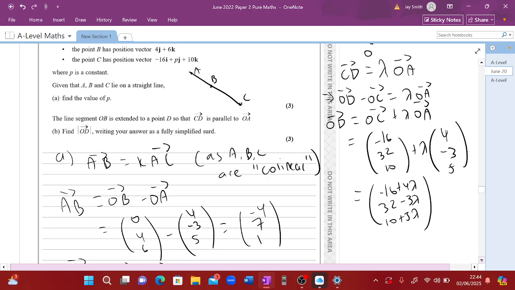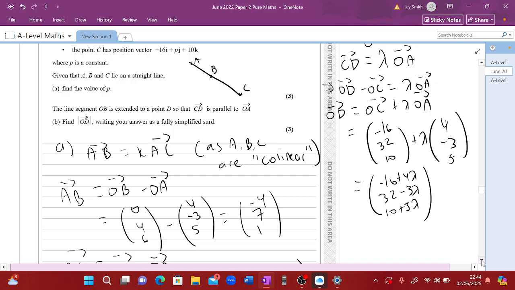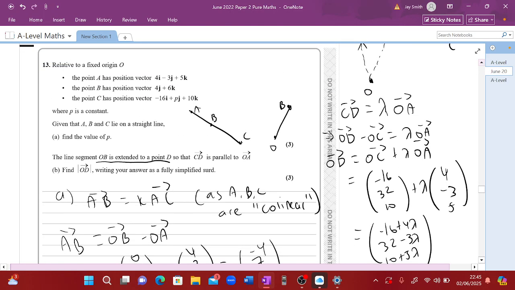Okay, but we need to find lambda somehow. So with vectors, then you need to find another way of getting the vector. But here we said OB is extended to a point D. So that means OD lies on OB. Again, with this same argument, like we did in part A, we have O, then B, and then D, right?